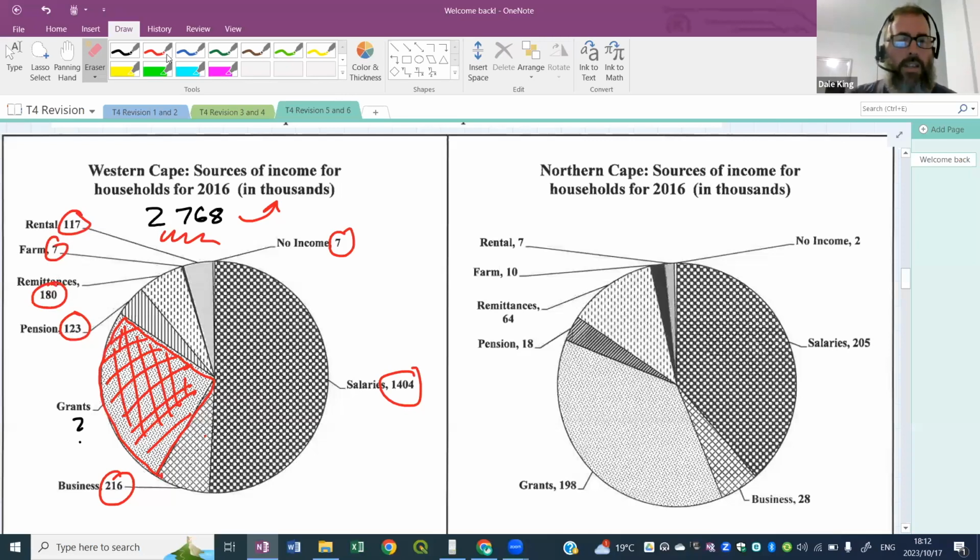We see salaries here on the right-hand side is 1404, and that salary piece of the pie looks almost half to me. Maybe not exactly half, but that salary piece looks like half. Then how big will the grants piece be? Some people are saying 714, 789.